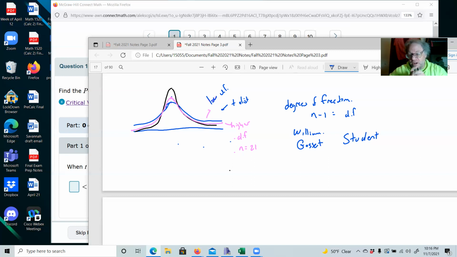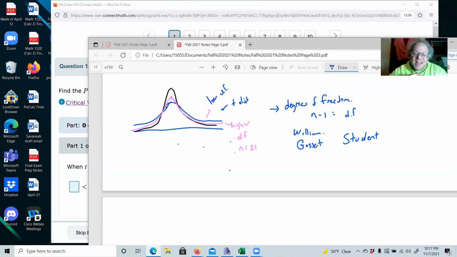They didn't want other people to know how they were quality controlling for their beer. So if they made him publish under a pseudonym, this is the pseudonym he chose. He was a very humble guy, unlike most 19th century statisticians, who were not very humble. There's a lot of stories, a lot of drama.